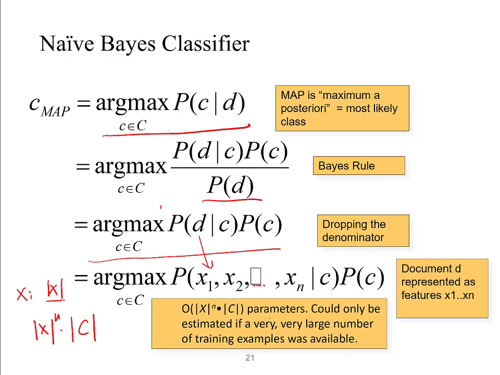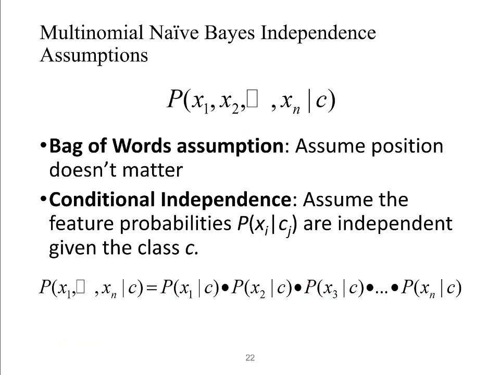All right. So that's why we need to continue to simplify the formula here. But in order to do that, we need some assumptions. Right. So basically, we need two assumptions here. One is the bag of words assumption, where we assume that the position does not matter. And the second assumption is the conditional independence assumption.